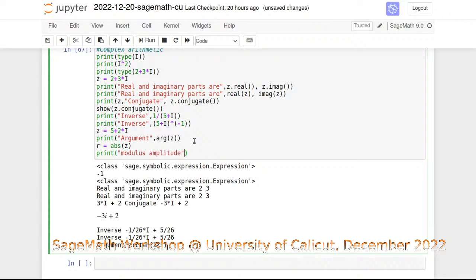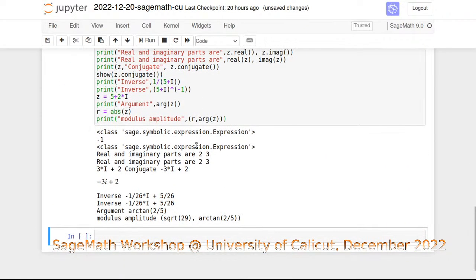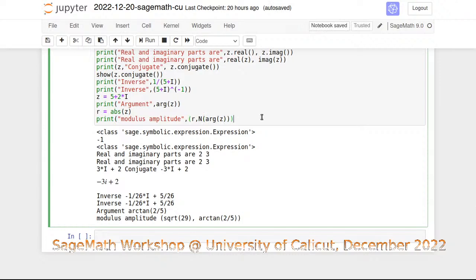So for modulus amplitude, we will be getting R. If you want a numerical expression, probably we can try with this as well.